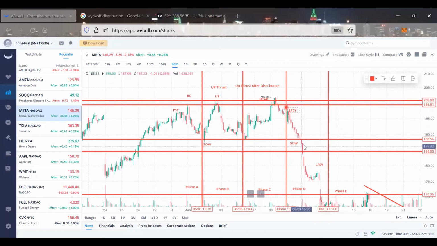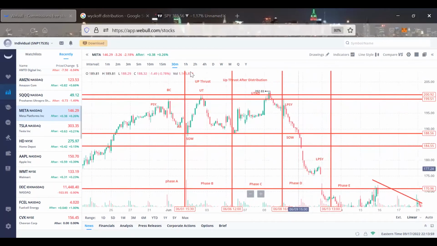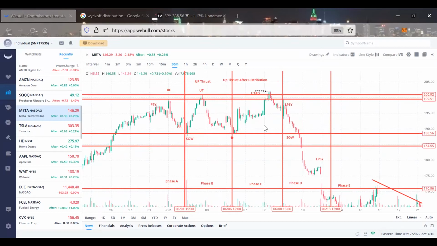We have that sign of weakness, breaking that, retesting that sign of weakness, but breaking that zone in this scenario. Usually, there was a retest of that last point of supply, right? Last point of supply, sign of weakness, retest sign of weakness, and last point of supply. But in this scenario, we do not have that run up.